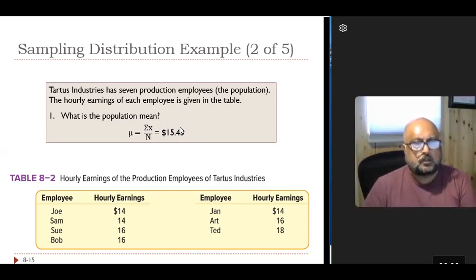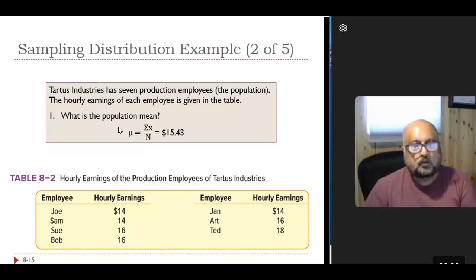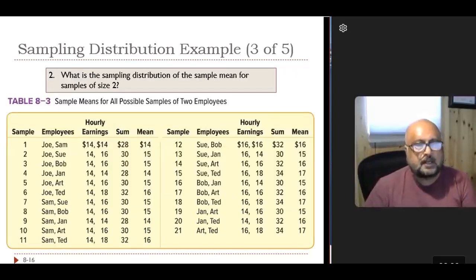Okay. Now we need to look at samples. Using these 7 people, we need to pair them up in a size of 2, unique pairs. How do we do that? We can create this table with the pairs. You can see Joe with Sam, Joe with Sue, and so on.